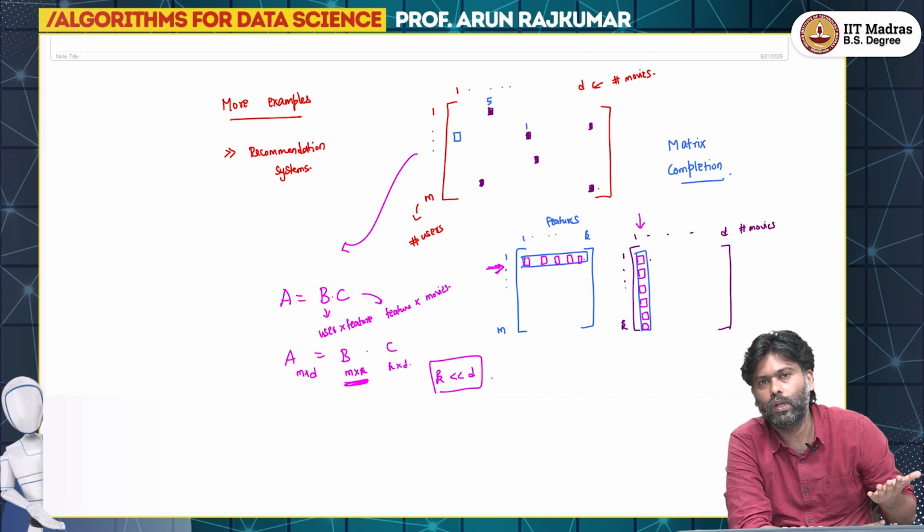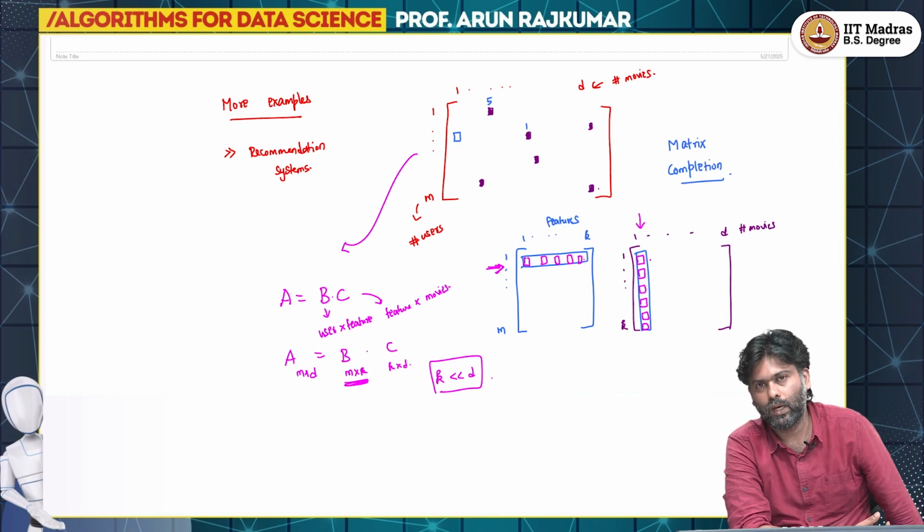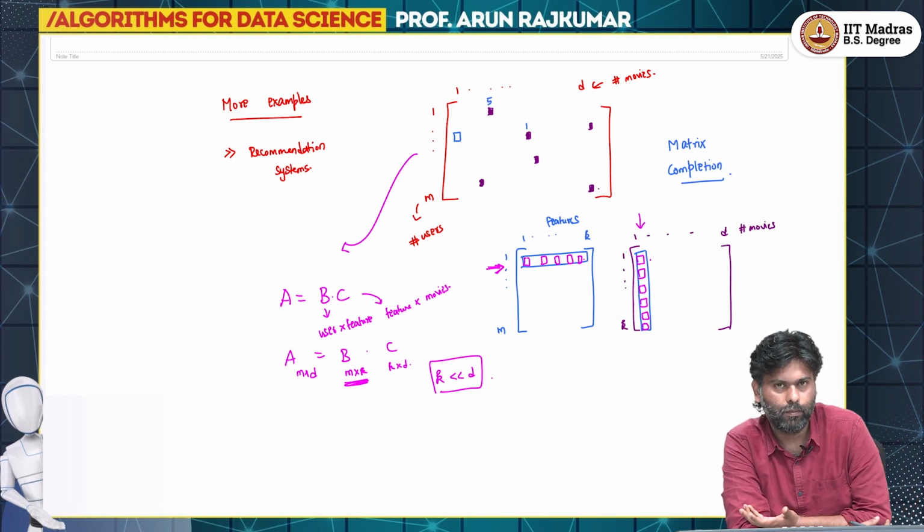You cannot have more than K linearly independent vectors because B is restricting the number of linearly independent vectors. Of course, not all of them necessarily have to be linearly independent, but at most there can be only K, which means that the rank of A is at most K.